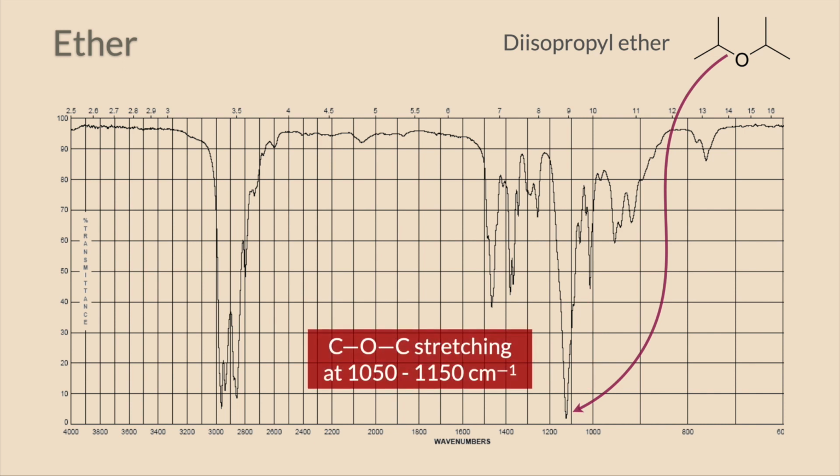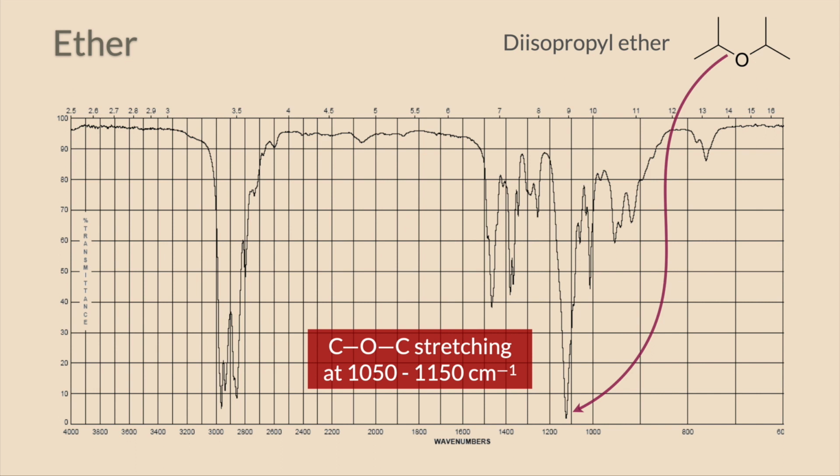Even though it's in the fingerprint region, this sharp peak, which is almost 100% absorbance, is very prominent for ether, within the region of 1050 to 1150 wave numbers. Another thing is that there is no more OH peak in this area of the alcohol. So this can be used as a way to identify between an alcohol and an ether, suppose if they are isomers.